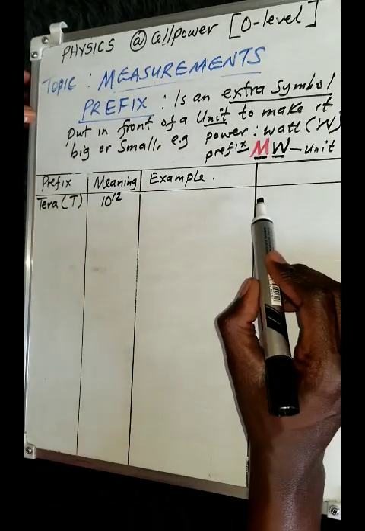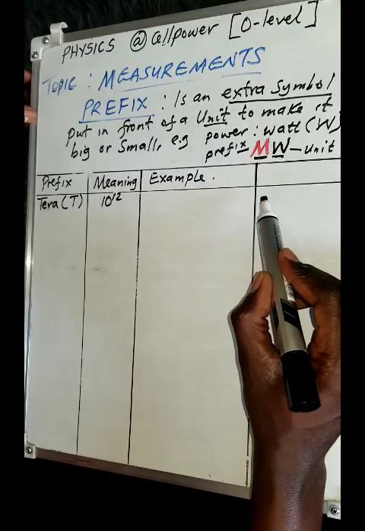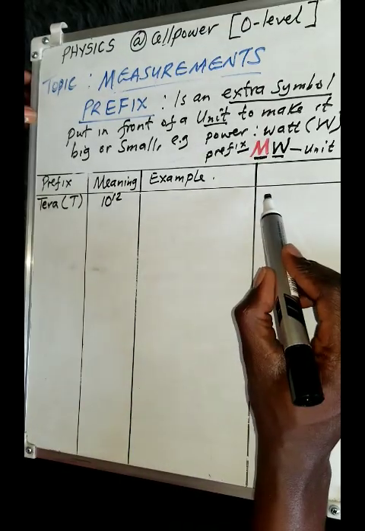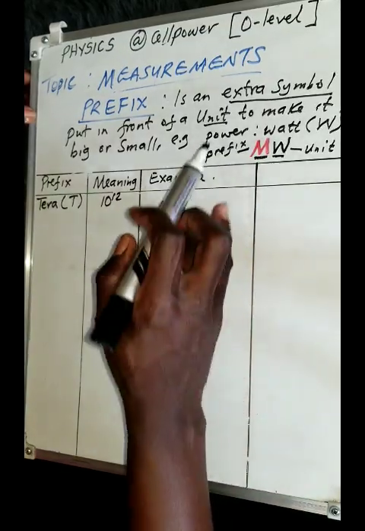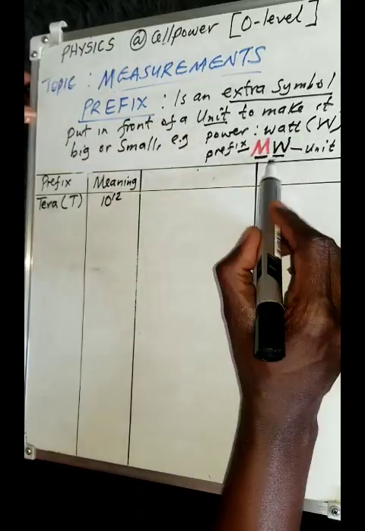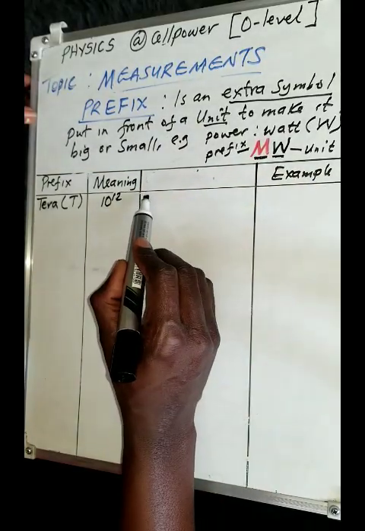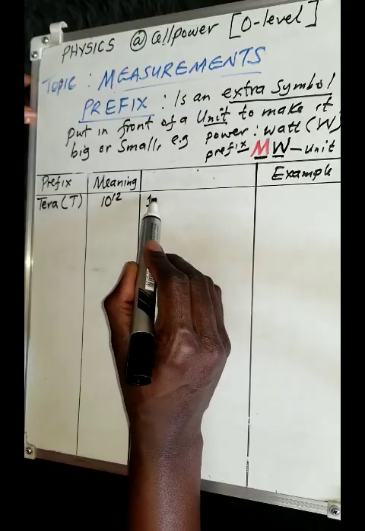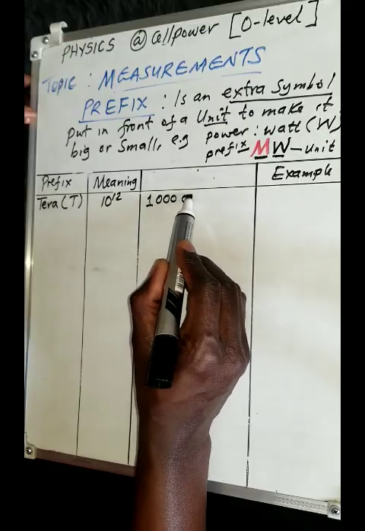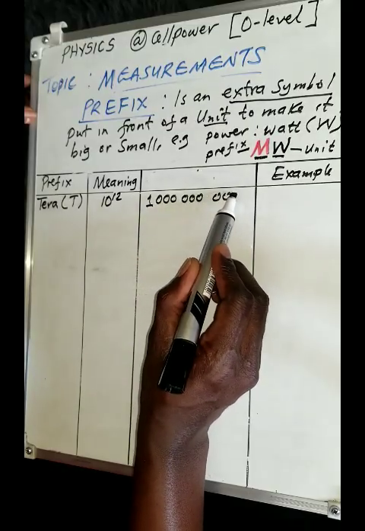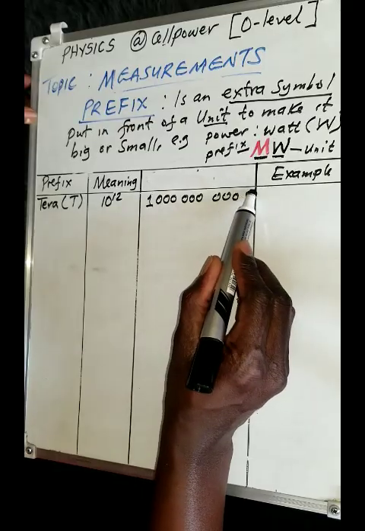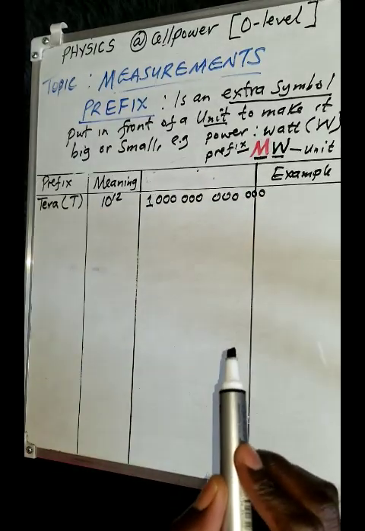You can think of a number, 1 with 12 zeros. 1, 2, 3, 4, 5, 6, 7, 8, 9, 10, 11, 12. So you can think of a number with 12 zeros.